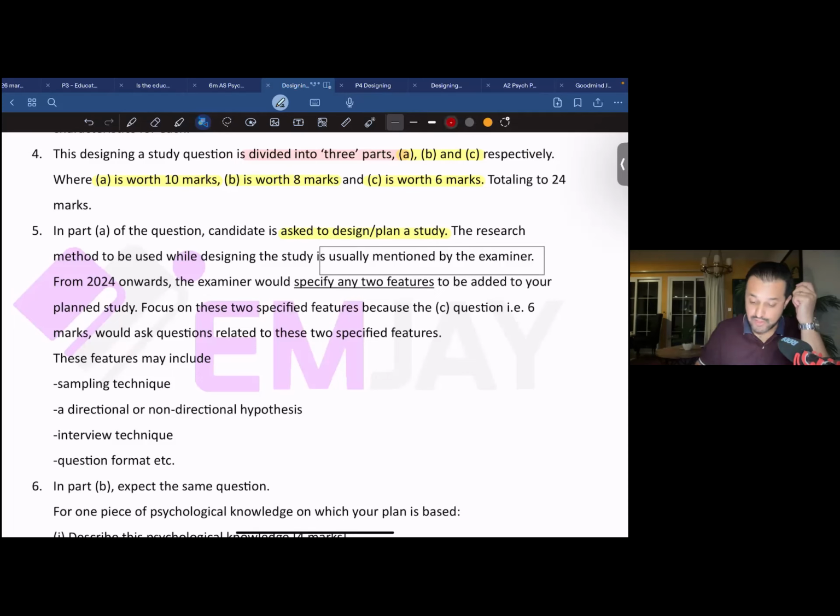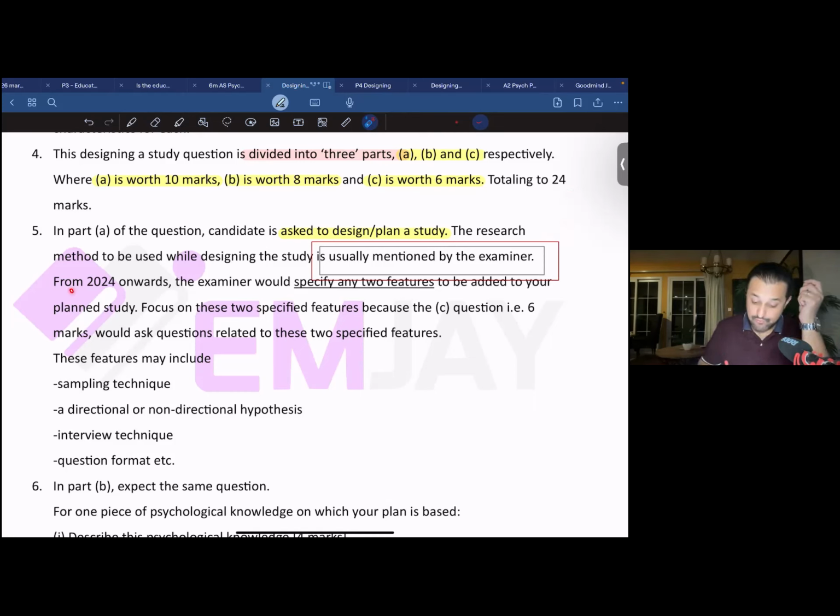If we have a look at the questions from the specimen paper, we'd see that the examiner has specified what particular research method to use. However, we have had questions in the past where the examiner has simply asked you to design a study without referring to any particular research method. In that case, it's totally at your discretion. You choose what particular research method you would want to use.